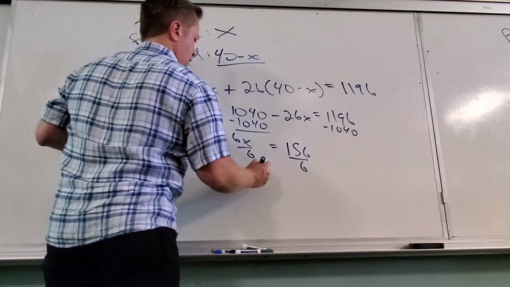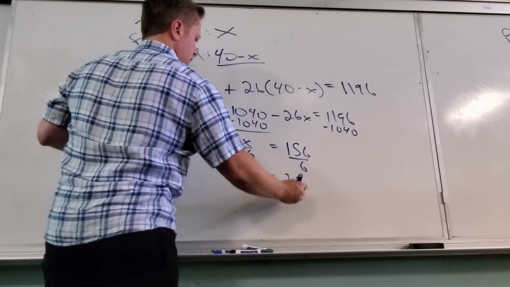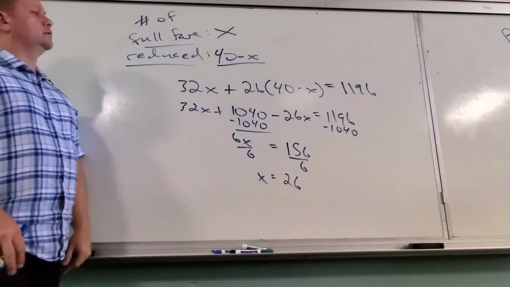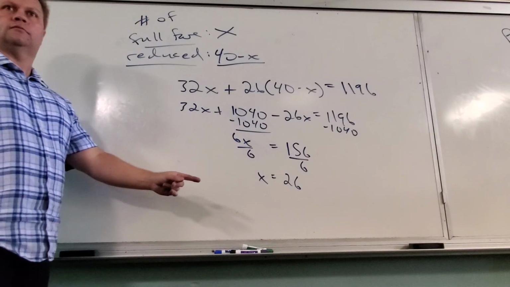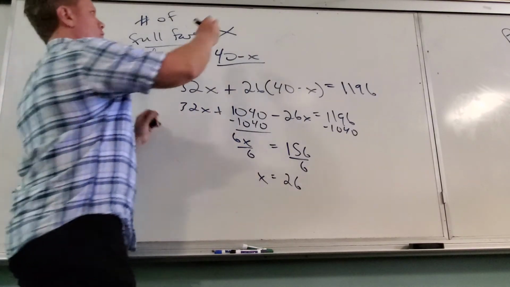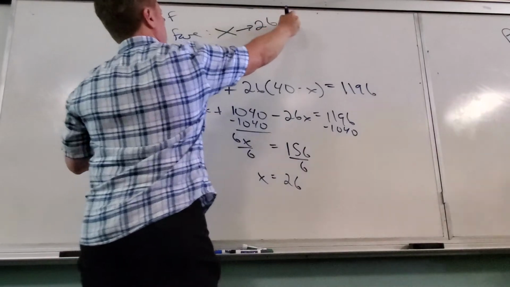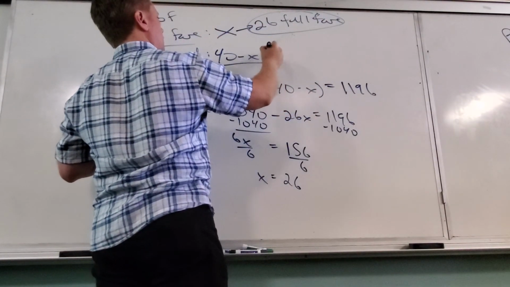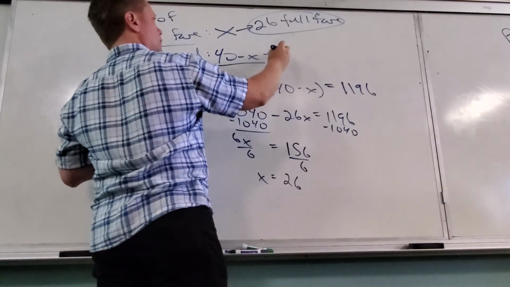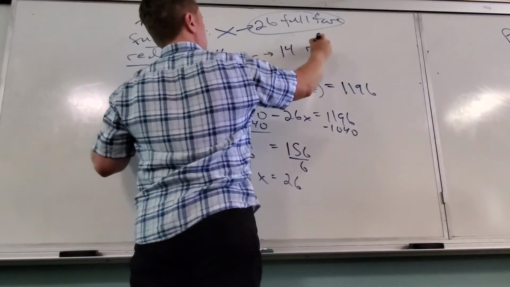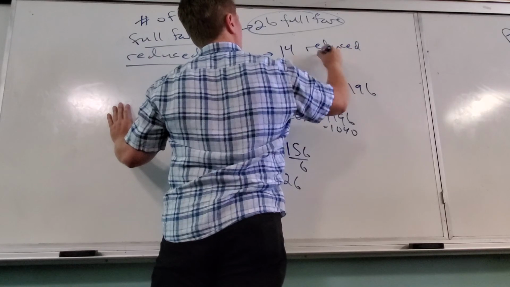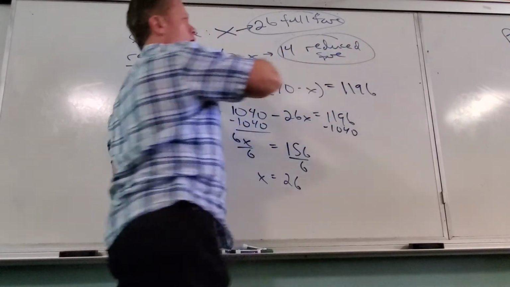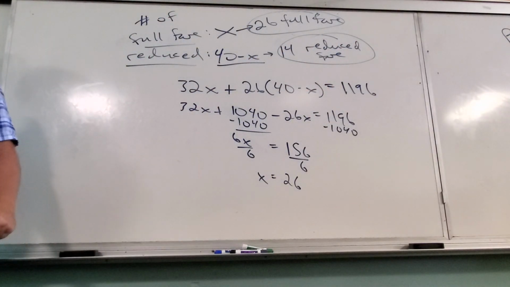Thankfully 6 goes into that. 26. That's neat. So what's that mean? 26 is paid full fare. Good, 26 full fare. 40 minus 26? 14. 14 paid reduced. Oh, there. Is that all right?